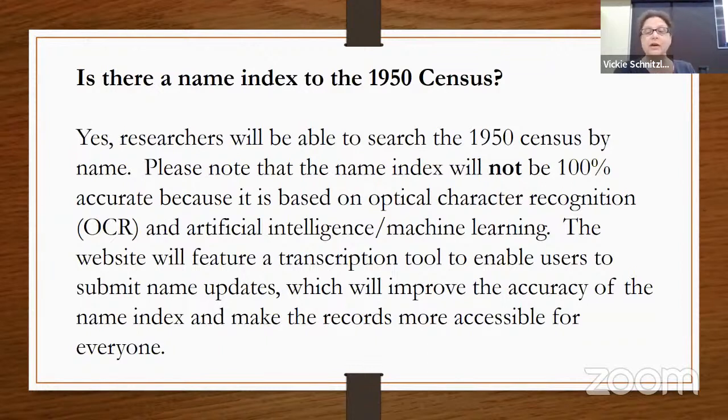Here it's saying, yes, there is. It may not be totally accurate because it was done with an optical character recognition machine and another machine trying to pick up what that was saying. So there are some problems with it, but it's better than nothing at all. And we're going to talk about how to deal with some of those problems and mistakes that are in the system right now. So next slide.